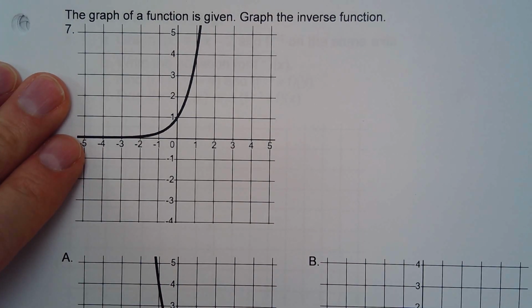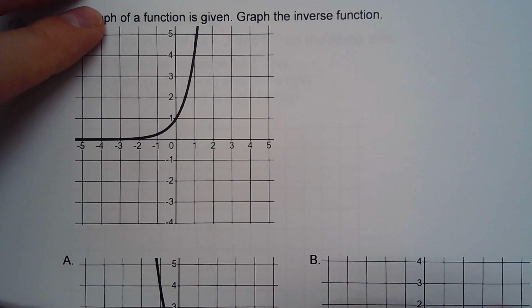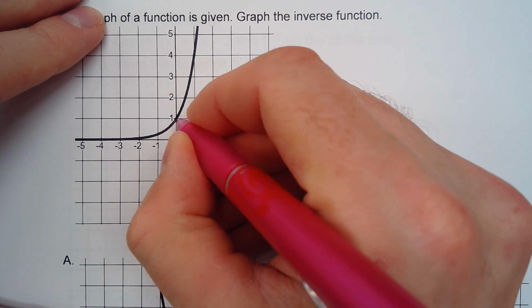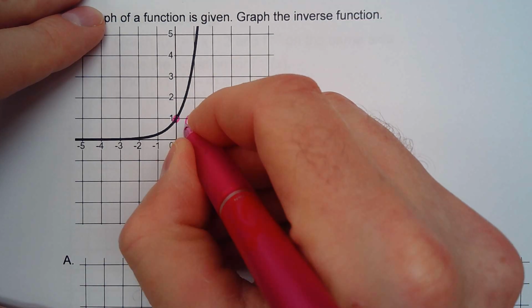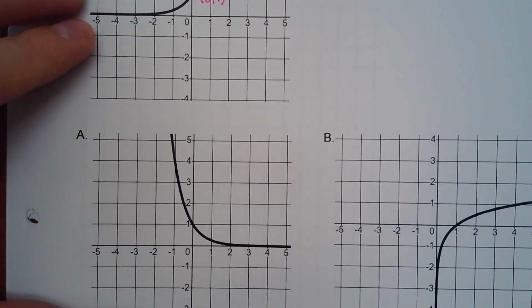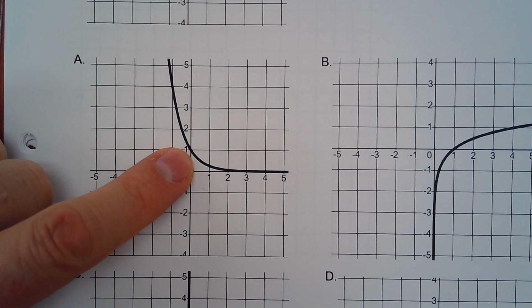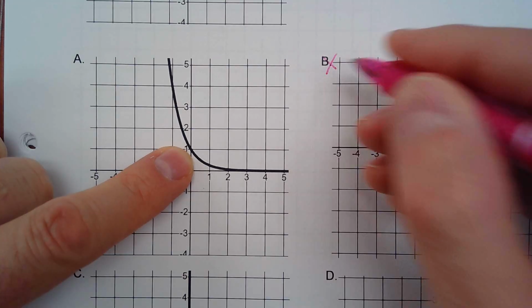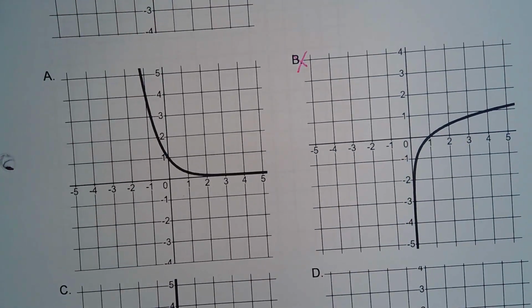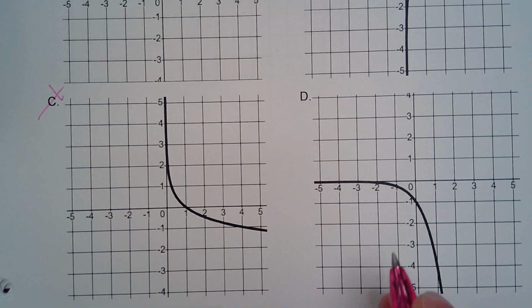All right, so again, I'm going to pick some test points. So maybe I'll take this point here at 0, 1. So I'm looking for the ones that have 1, 0. So A does, B does not, C does not, and D does not.